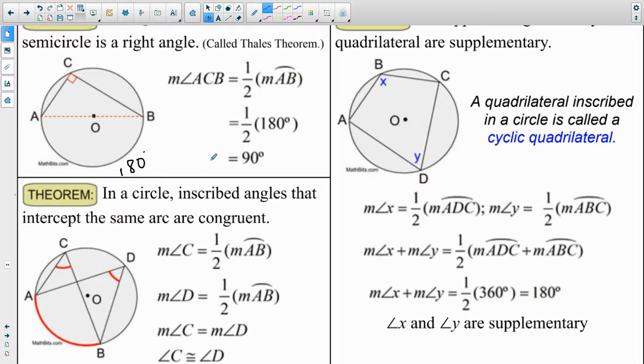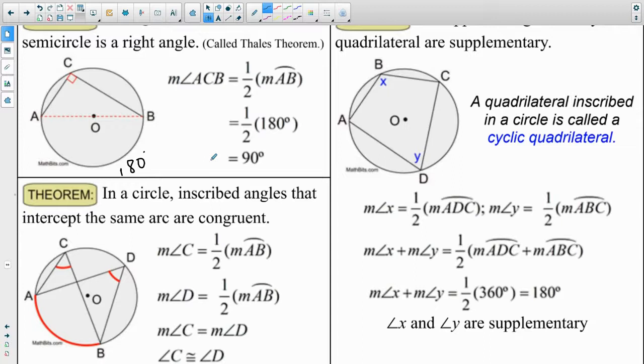Here you could see that we have all those triangles inscribed inside a circle. Well, if you look at angle C, how they labeled it, and angle D, you could see point C and point D are both on the circle, making those inscribed angles. But if you look, they both are sharing the same intercepted arc AB.